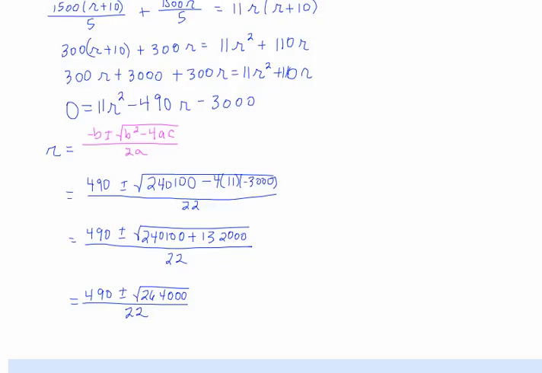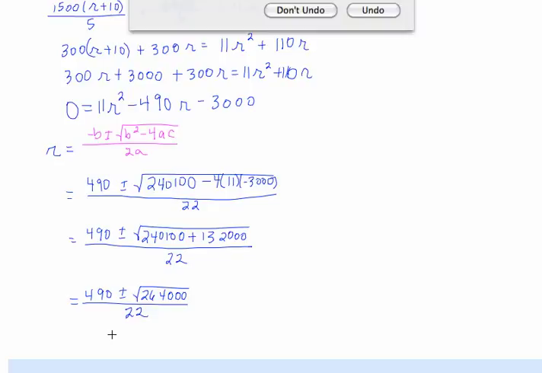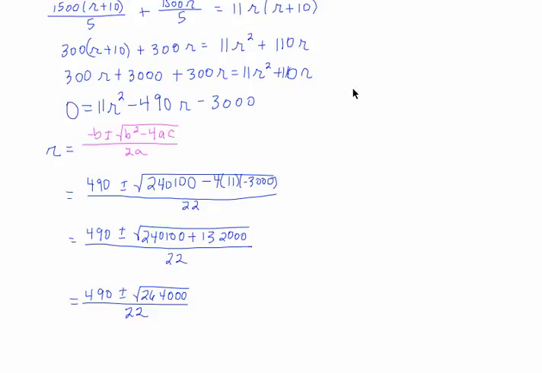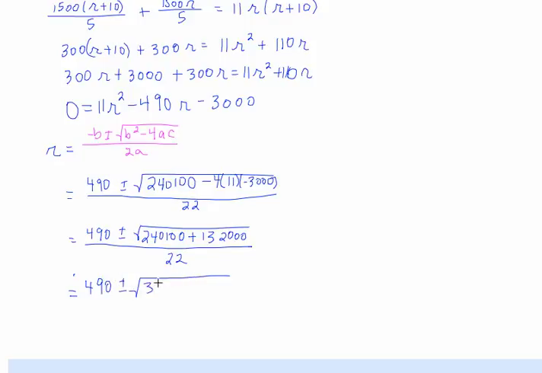Actually, I just realized that I made a mistake not too far back. It was in just adding under these radicals right here. 4 times 11 times 3,000 is 132,000, but when you add that to 240,100, you should get 372,100.